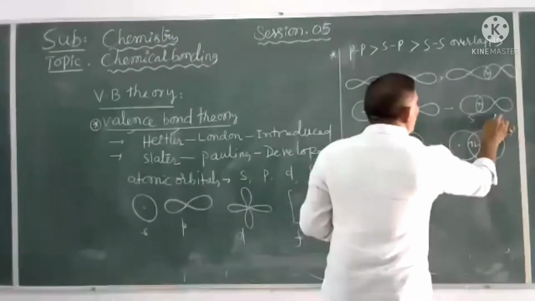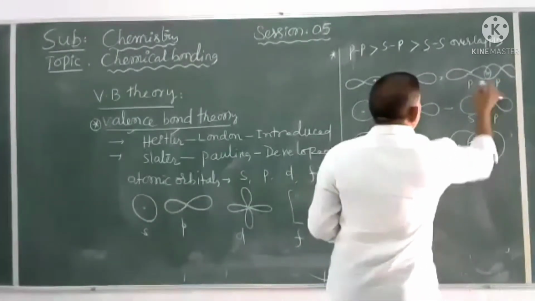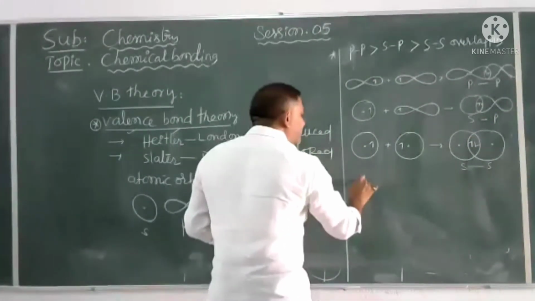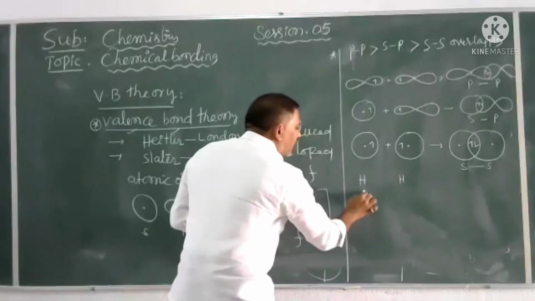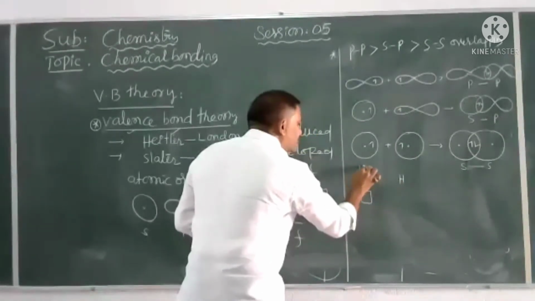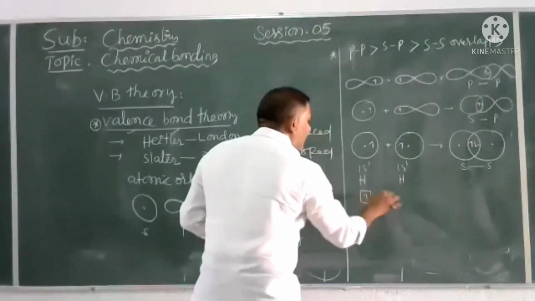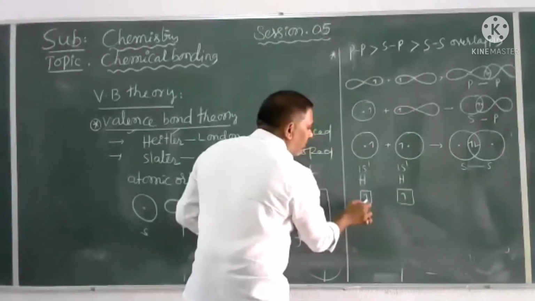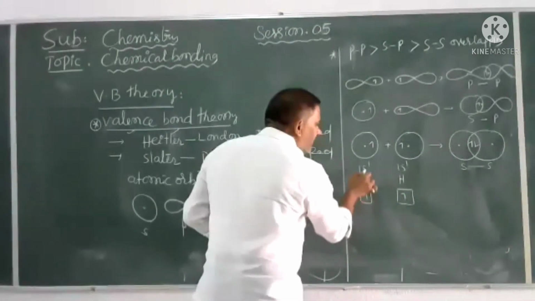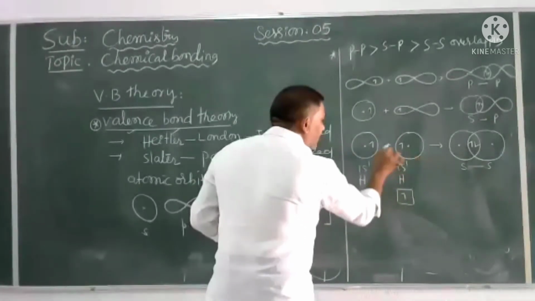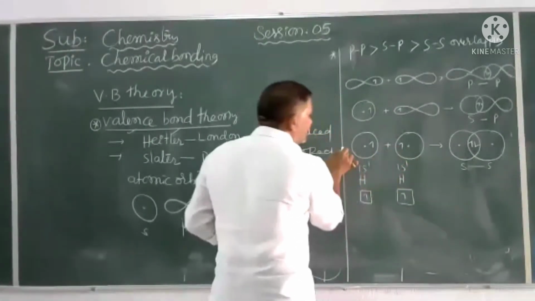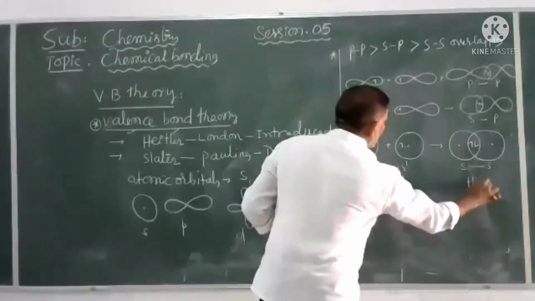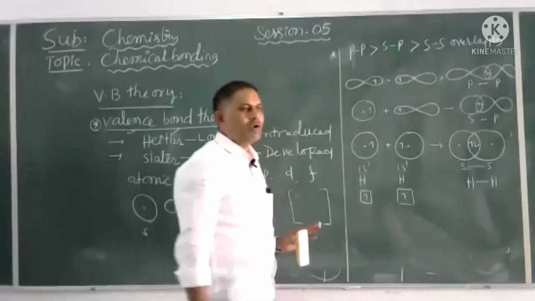Based on this, take a hydrogen atom and hydrogen atom, electronic configuration 1s1, here one electron, here one electron. They are half-filled valence electrons. Half-filled s orbital shape is spherical. They overlap linearly along the internuclear axis, it forms an H2 molecule, H-H, a sigma covalent bond exists.